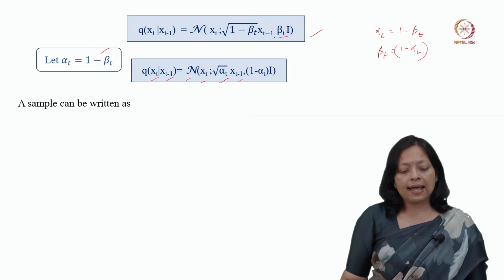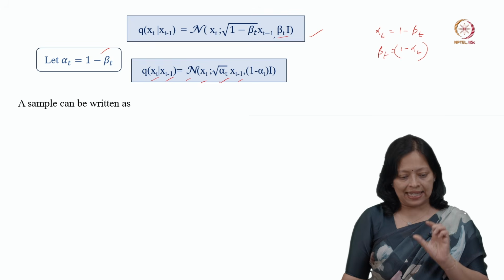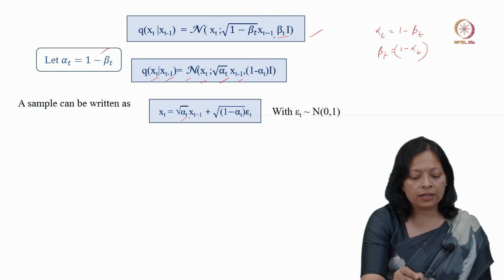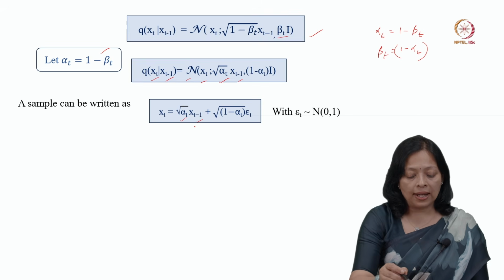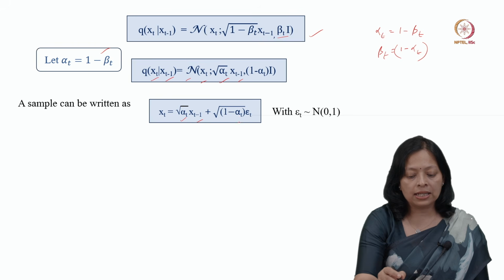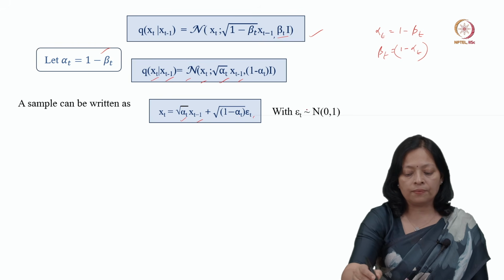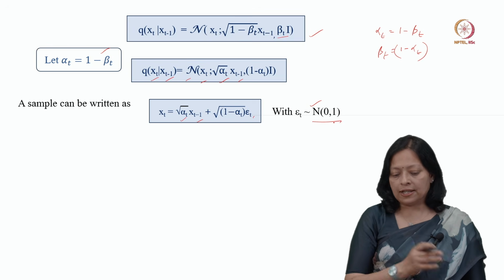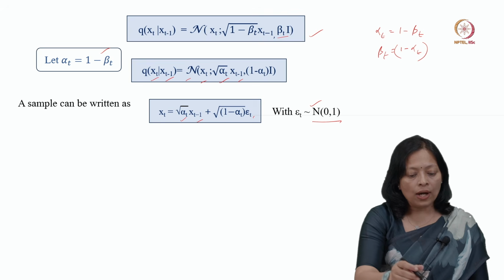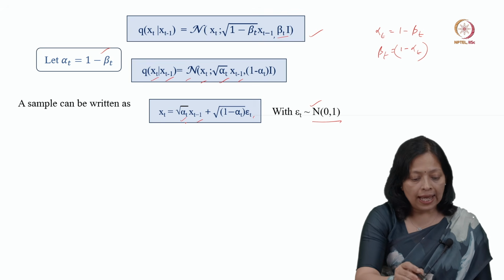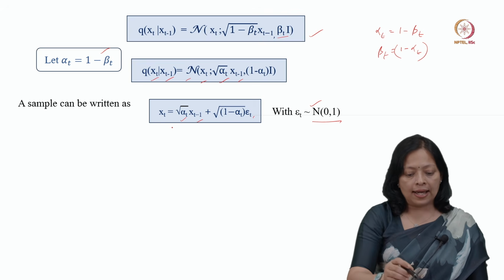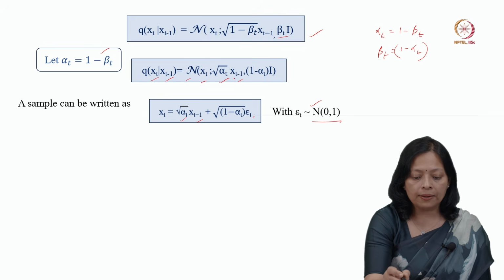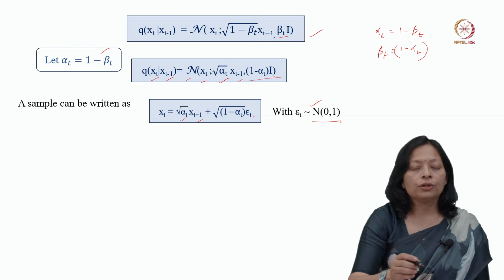Now, a sample from here can be written as xt equal to square root of alpha t into xt minus 1 plus square root of 1 minus alpha t into epsilon t, where epsilon belongs to a distribution with 0 mean and variance 1. Now, how have I written this? Any sample can be written like this: this is basically your mean and this is basically your covariance.